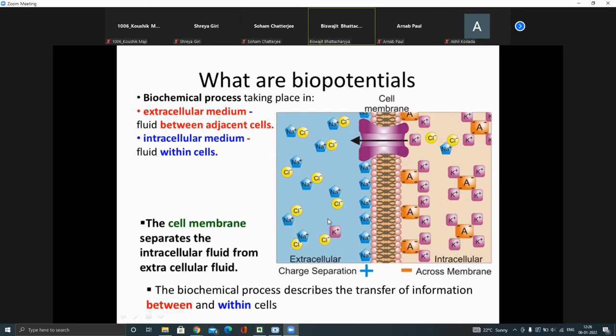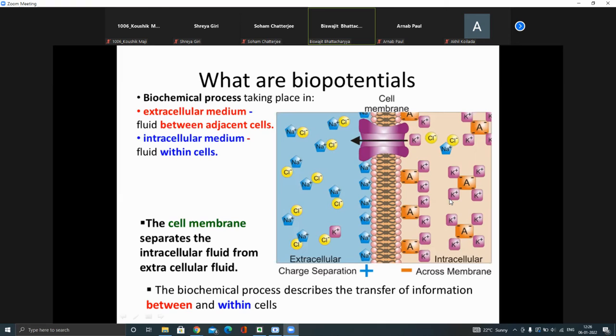And we will find that some of the ions are mostly present under normal condition inside the cells, and some of the ions are normally present mostly outside the cell in the extracellular medium. Just like our sodium ions, they are present in the extracellular region outside the cell mostly under normal condition. Our potassium ions mostly present inside the cell, that is in the intracellular medium. The chlorine ion, the negative ion, mostly present outside the cell, extracellular medium.